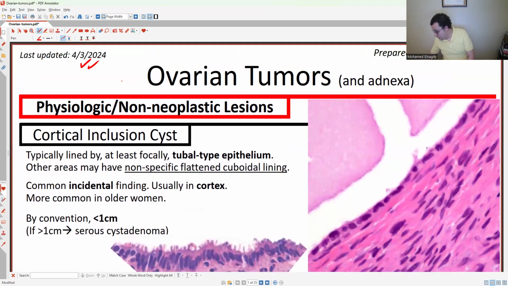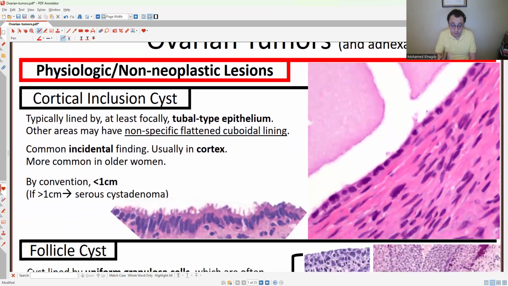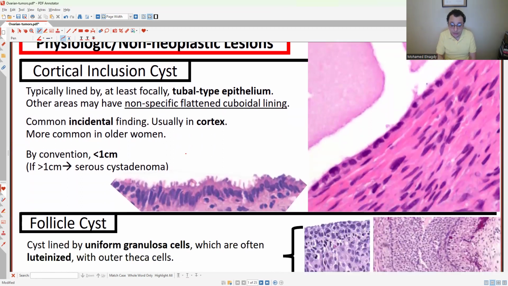I have the version of the notes which was before that, back in 2020. So he updated it recently, and this follows the recent guidelines, which is very good.